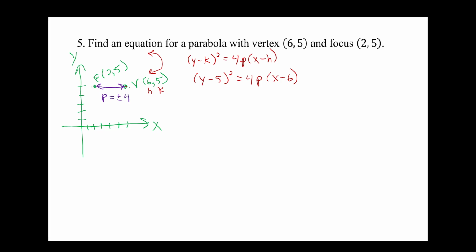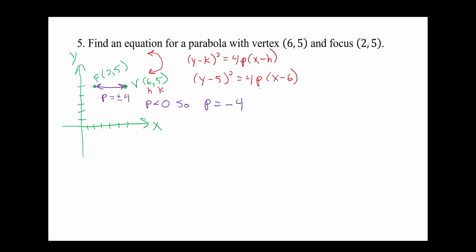I go a distance of 4 units. To determine if p is positive or negative: if my parabola is opening to the left, that tells me that p is less than 0. Opening to the right would give us p greater than 0. So p is equal to -4.